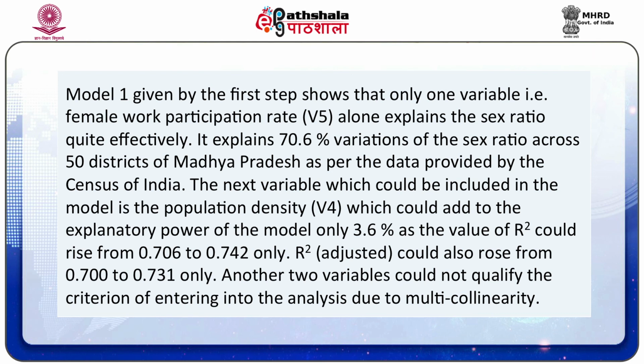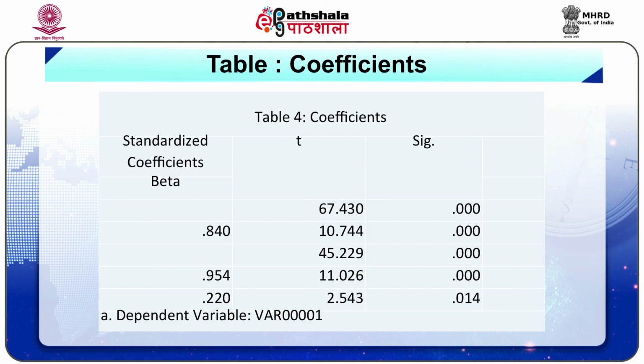Another two variables could not qualify the criterion of entering into the analysis due to multicollinearity. Once the model is chosen, the main results follow. These include the regression coefficients of the selected variables, their standard errors, t statistics, and the level of their significance. These results are also given in table 4 below.